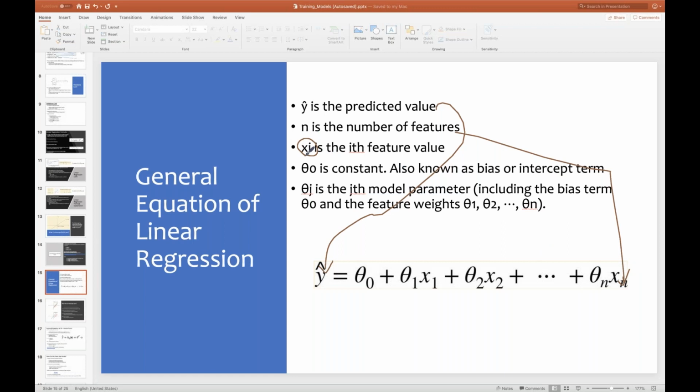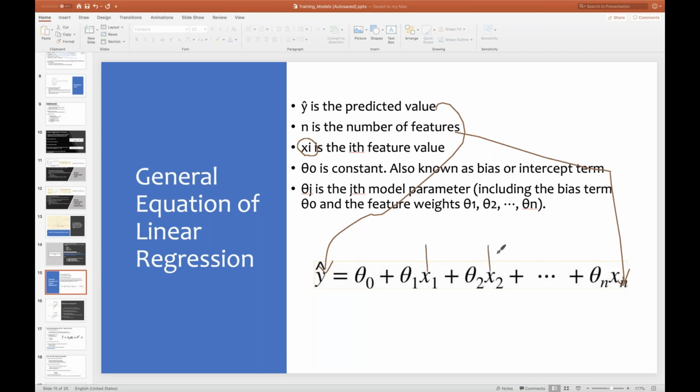Theta 1 into longitude, theta 2 into latitude. Here, theta 1 is longitude's feature weight. See guys, theta 1 into x1. So let's say this is longitude and this is latitude.